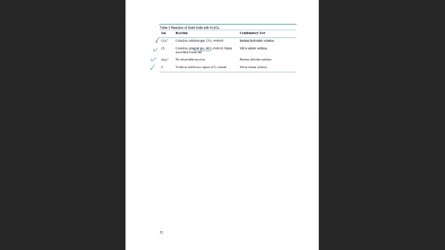And then this is the list of all the confirmatory tests. Once you suspect, based on the first reaction with sulfuric acid, you can perform the confirmatory test. This is a good table to summarize that.